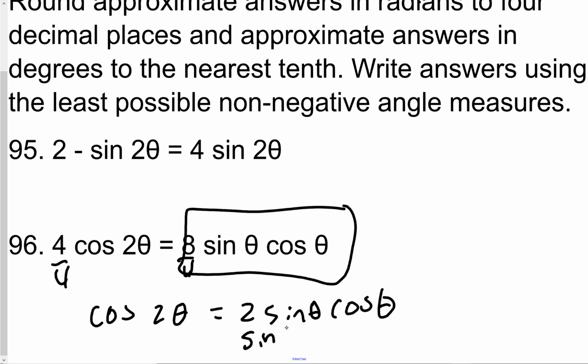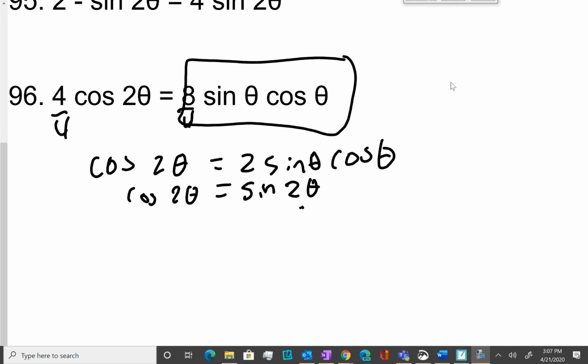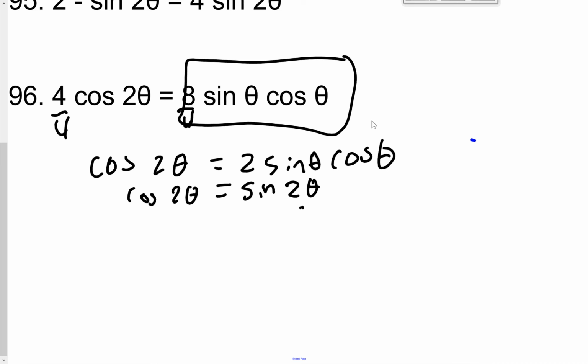So sine of 2 theta, cosine of 2 theta. Okay, so this is asking, where is sine of 2 theta equal to cosine of 2 theta?